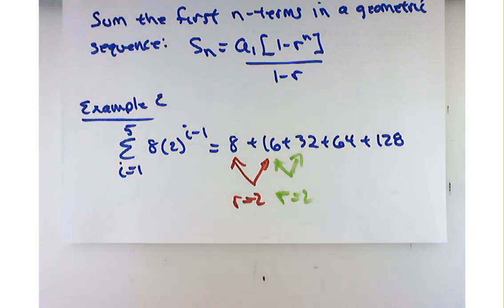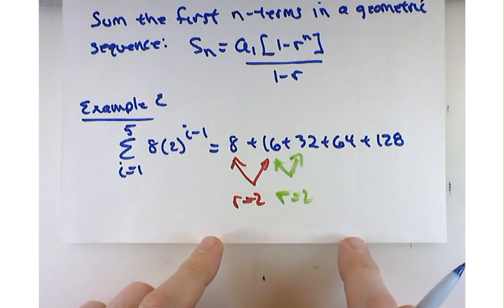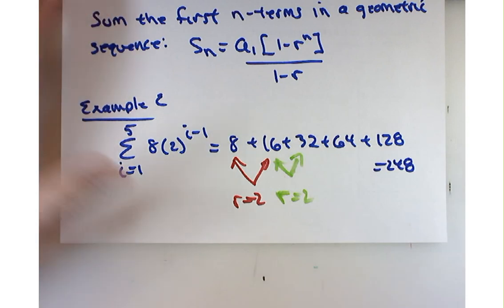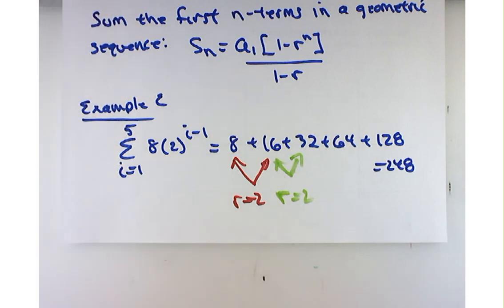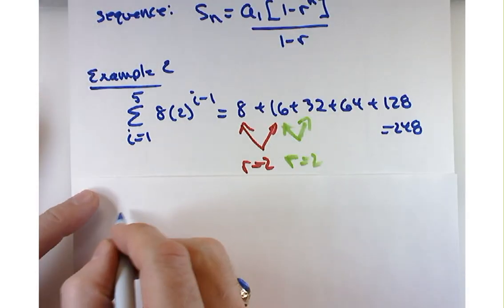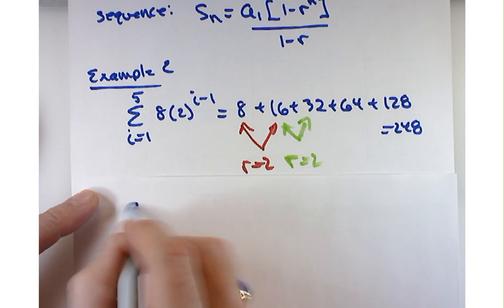I mean, so you could just add this up. You get 248 just by giving it the eyeball test. But let's practice the formula. Just expect bigger numbers on an exam. So with the formula, I'd want S sub 5.